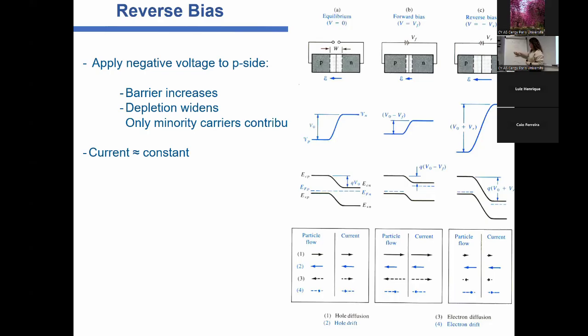I will not draw it again, but in terms of P, and if we have this alignment here, that is the equilibrium, and we inject more electrons in the P side and more holes in the N side, you can see that the Fermi energy will increase on the P side and will decrease on the N side.